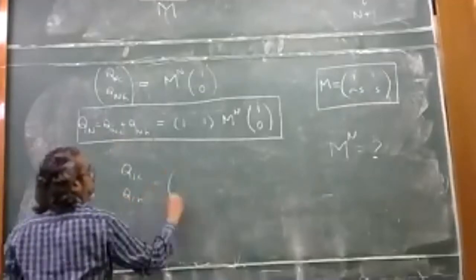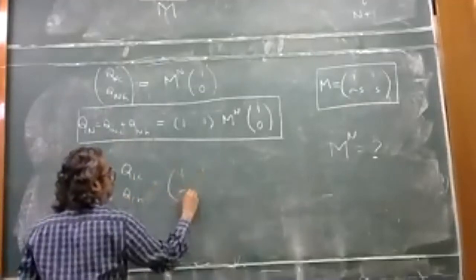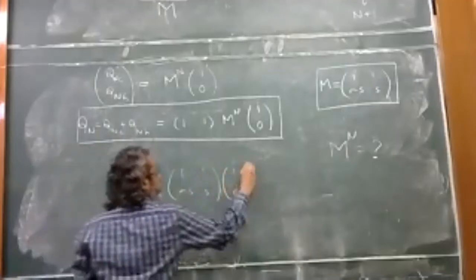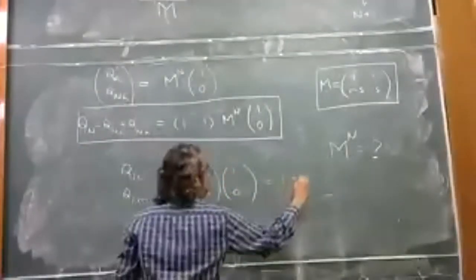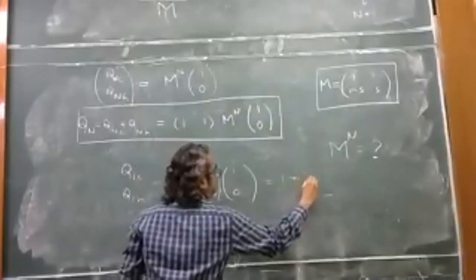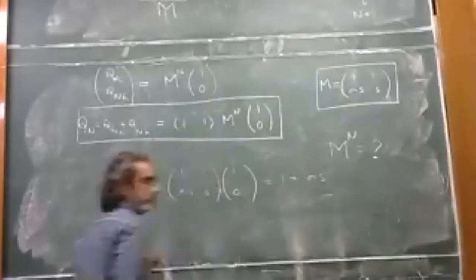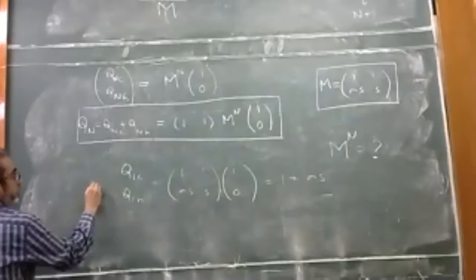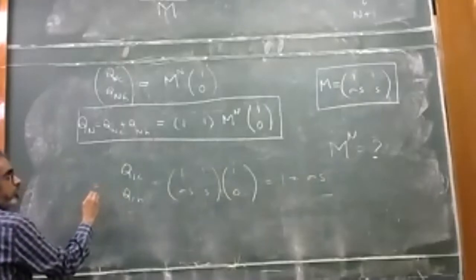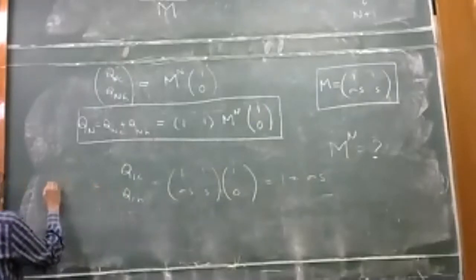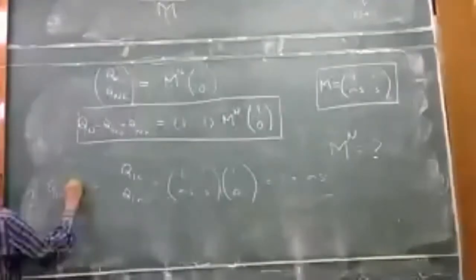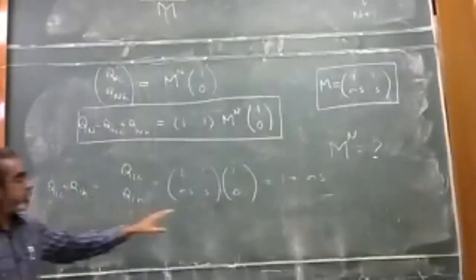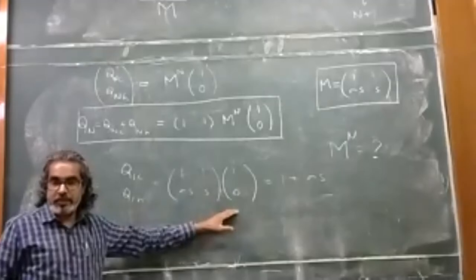If you do this with the matrix 1, 1, sigma s, what you will get is 1 plus sigma s. So those are the terms, Q1C plus Q1H. We are not really assuming anything, but we have written a kind of state matrix.